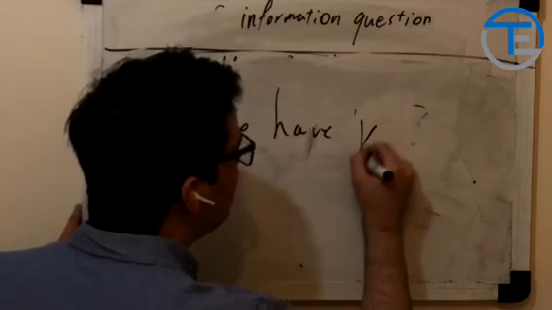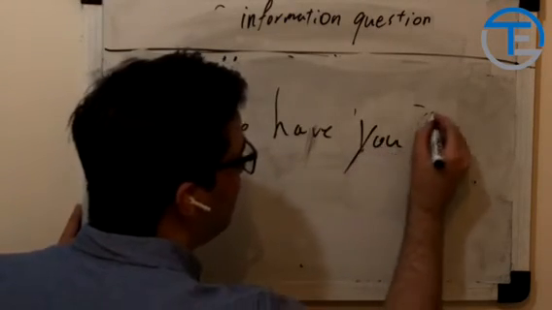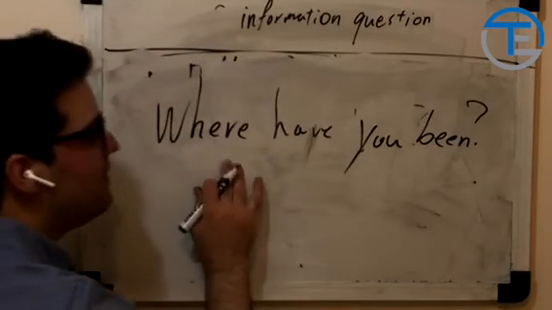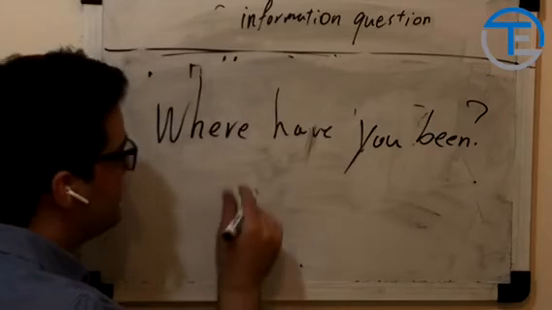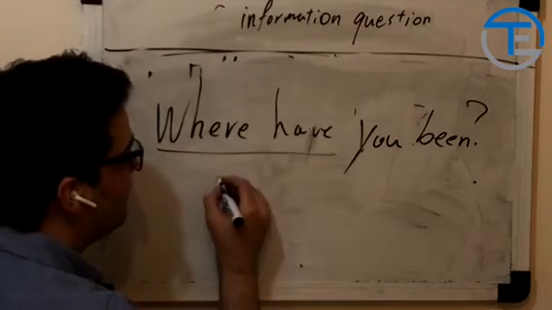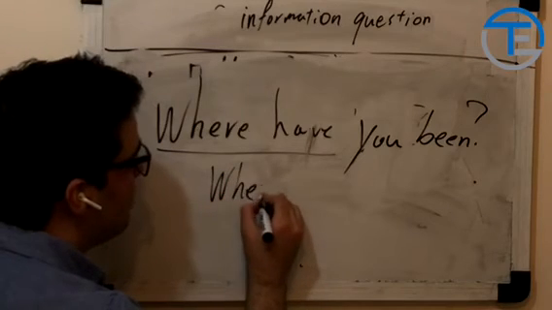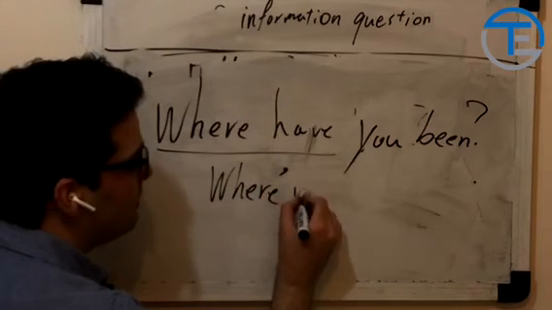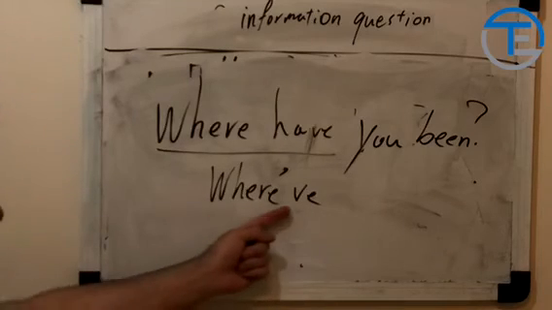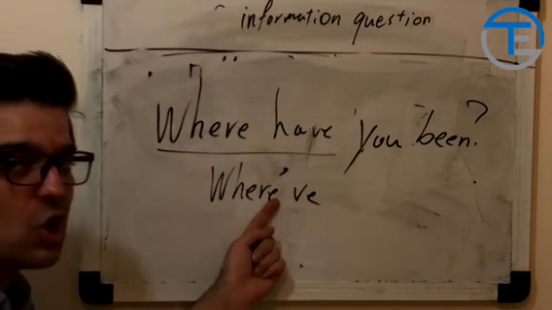Where have you been? You can use contraction between where and have. You can put them together like this. Where've you been? Sorry, and here we have actually have, that is a contraction.